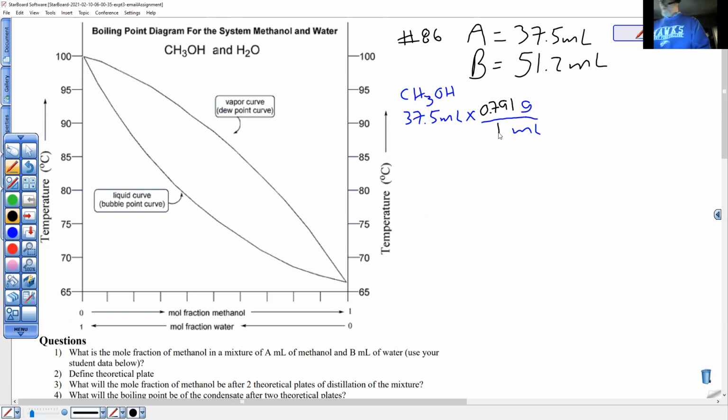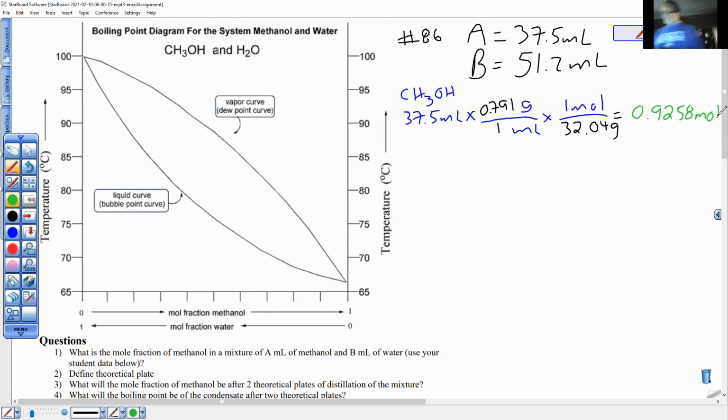And we have to convert that to moles now. There's 1 mole for every 32.04 grams. We looked that up as well. And when we do the math, we get 0.9258 moles. Why did I keep one extra sig fig? Because this is not my final answer, and I don't want to have rounding errors.